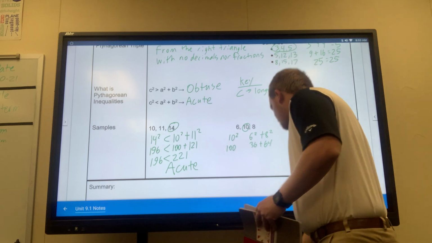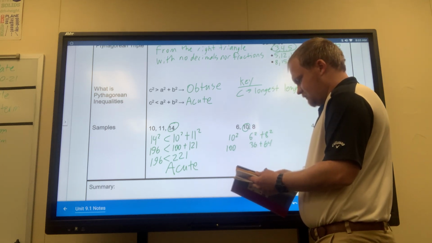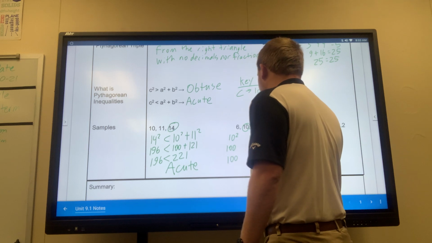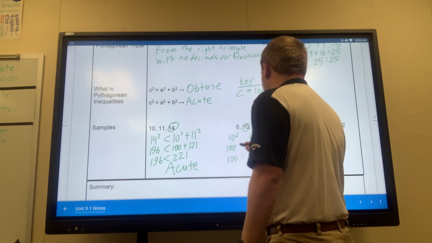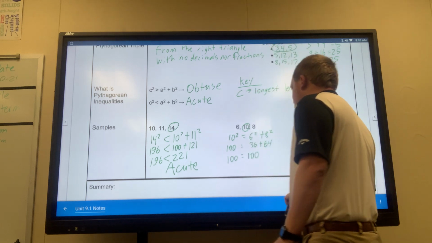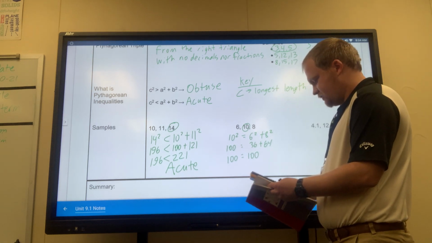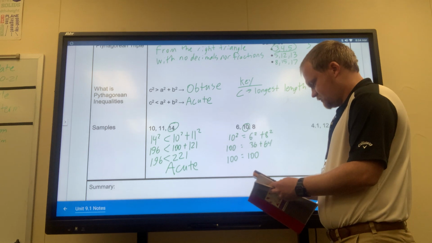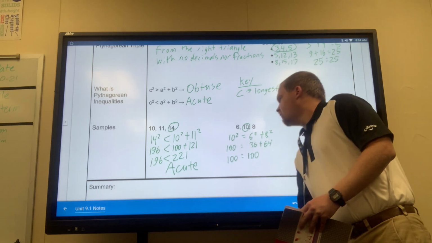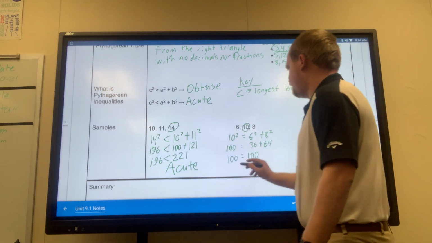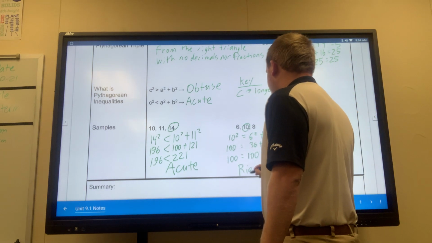So then I add them up. That gives me 100. Let me make sure. Yeah, it works out. Okay, so they're both equal to each other. Well, what does that mean if they're equal to each other? It's just a right triangle.